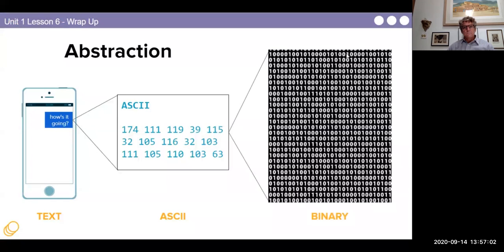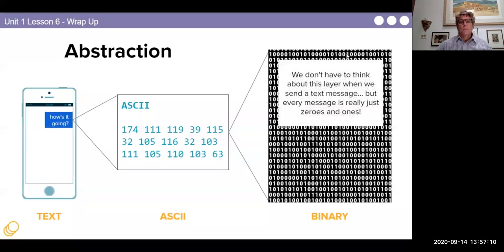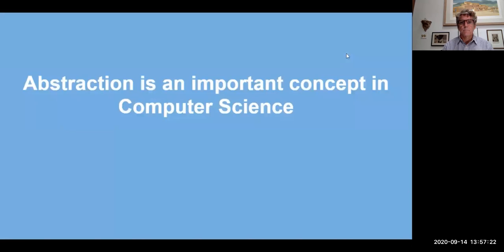And each of those ASCII numbers is actually represented by binary code. We don't have to think about this layer when we send a text message, but every message that you send is really just zeros and ones. Abstraction is an important concept in computer science, and we'll talk about it later, especially when we get to programming.